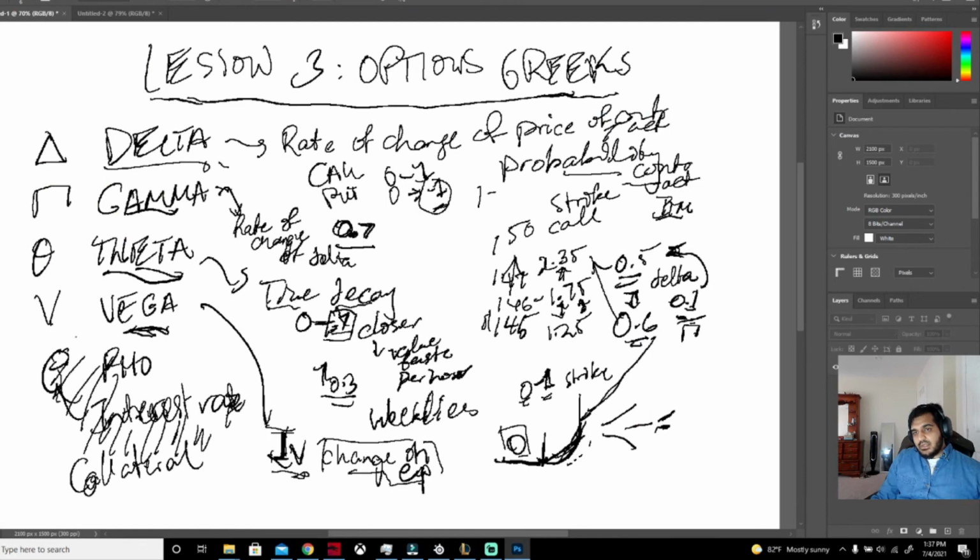So these two things are extrinsic value, and these two things both denote intrinsic value, but also a little bit of extrinsic value. And that's because right here, this is below the strike. It doesn't matter that delta is going up.